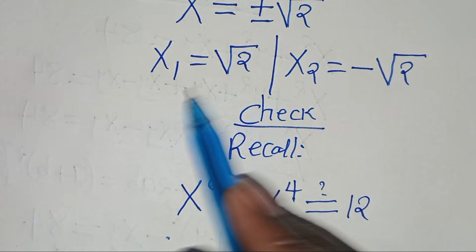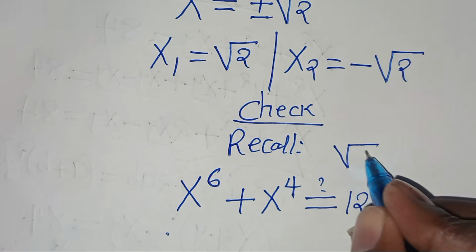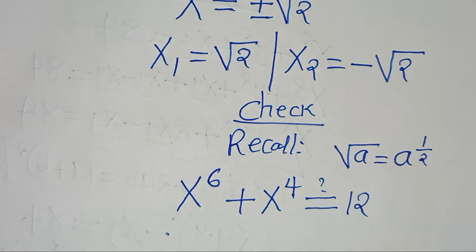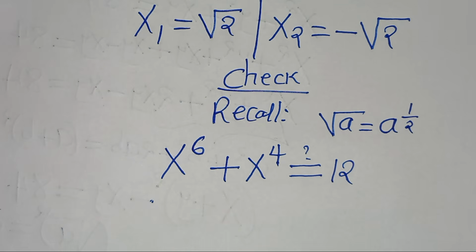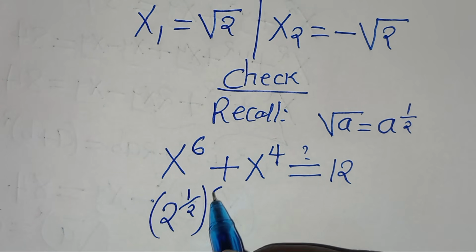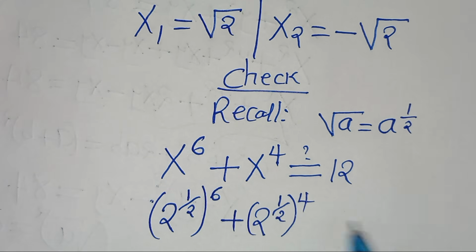Let's start with x1, which is square root of 2. Remember that the square root of a is the same thing as a raised to the power of a half. So square root of 2 is the same thing as 2 raised to the power of a half, then raised to the power of 6, plus 2 raised to the power of a half raised to the power of 4. This should give us a value of 12.